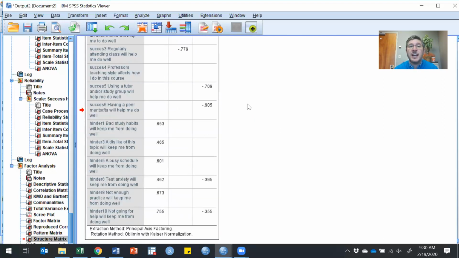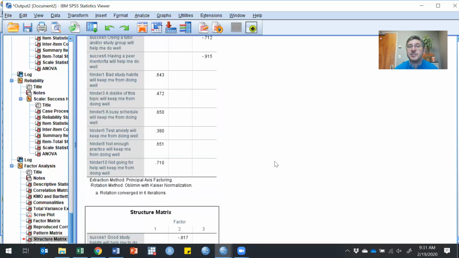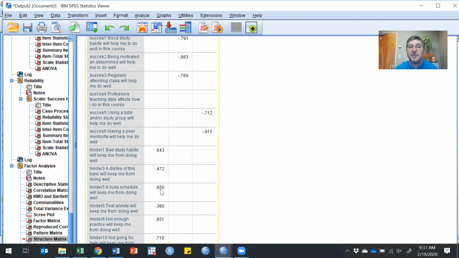We can look at the same thing in the structure matrix, the correlations, and even there we might consider dropping that item. Same thing with Hinder 6 here. It has relatively similar correlations across 2 factors, and it's relatively weak on the factors it's loading on compared to the other items in those scales.